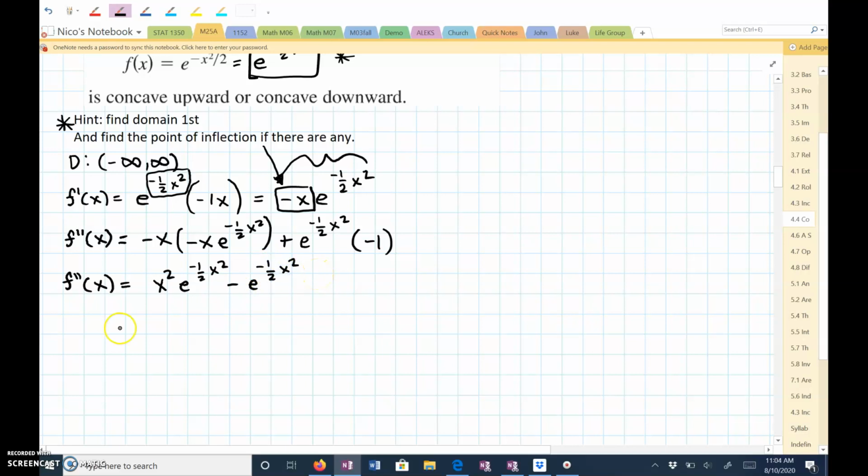Now I can factor out e to the negative 1/2 x squared power, leaving me with x squared minus 1. And then this is the difference of squares. So I'm going to have e to the negative 1/2 x squared times x minus 1 times x plus 1.